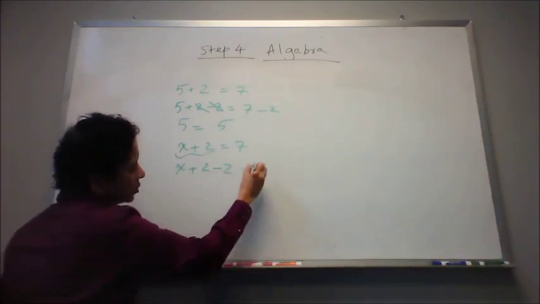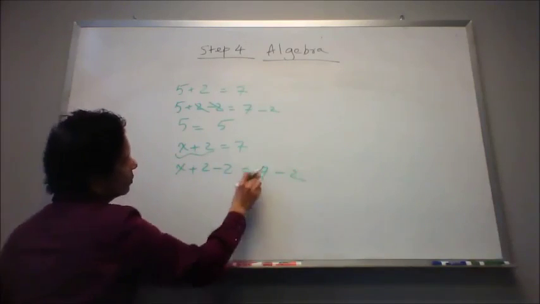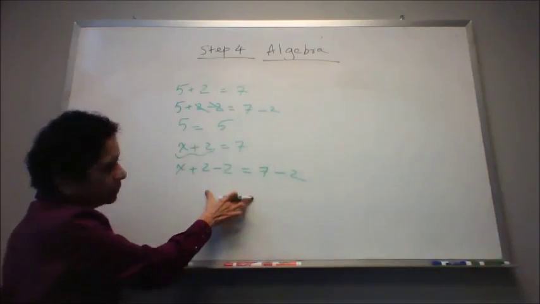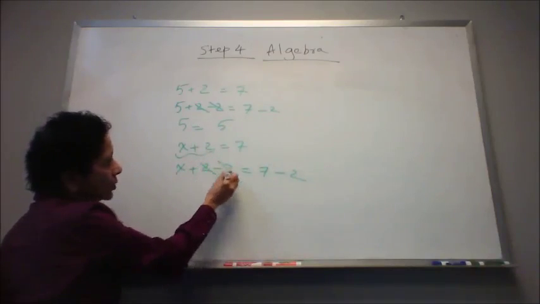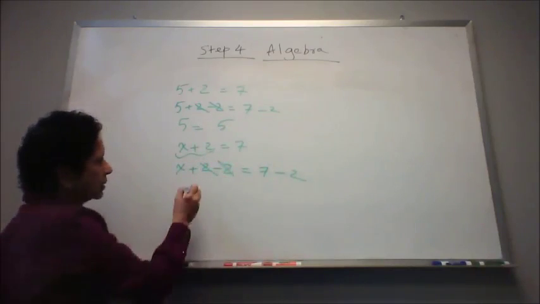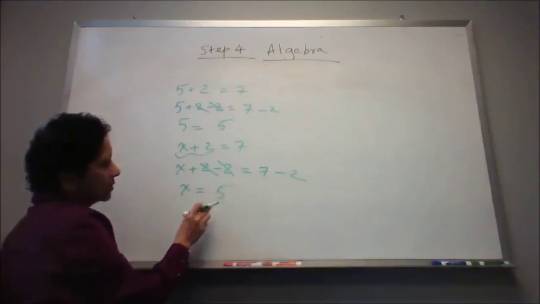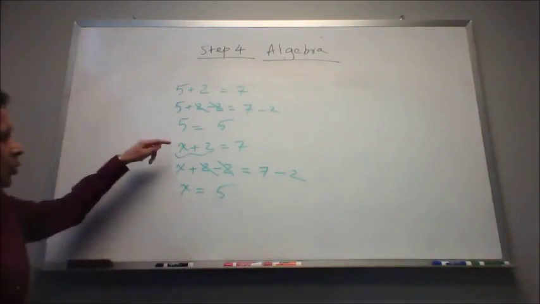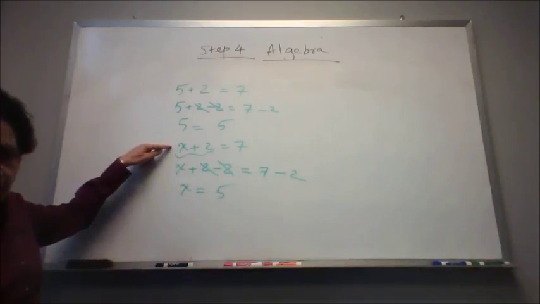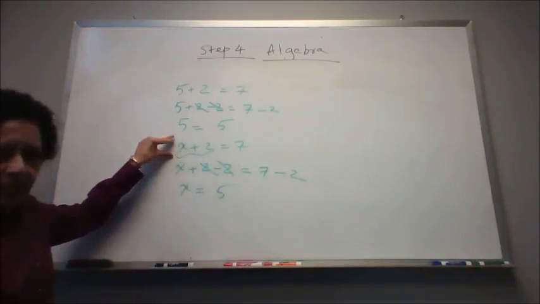If I do minus 2, on the right-hand side I have to do exactly the same thing. Then 2 minus 2 is 0, that cancels. So I have x on the left-hand side, 7 minus 2 is 5, so 5 is the answer. We guessed 5 is the answer: something plus 2 is 7, something is 5.